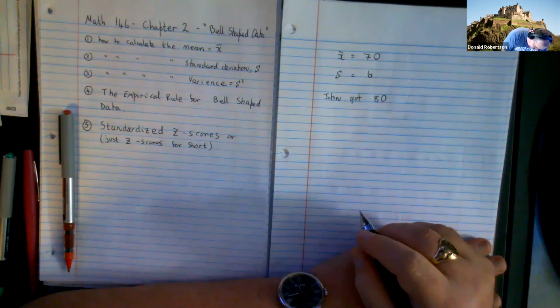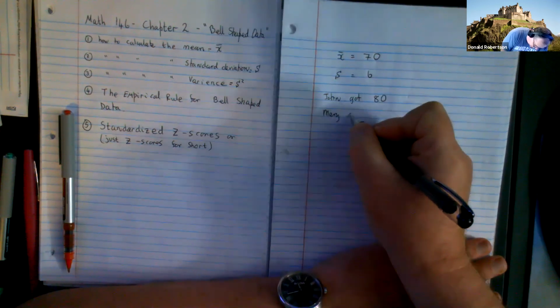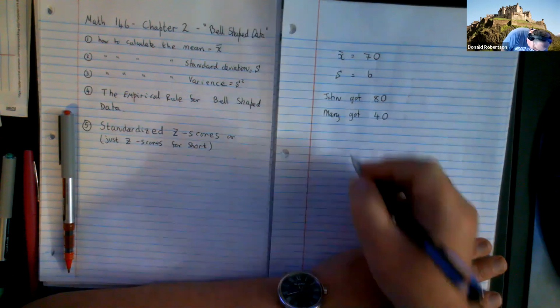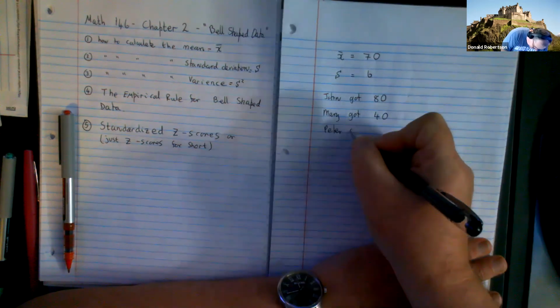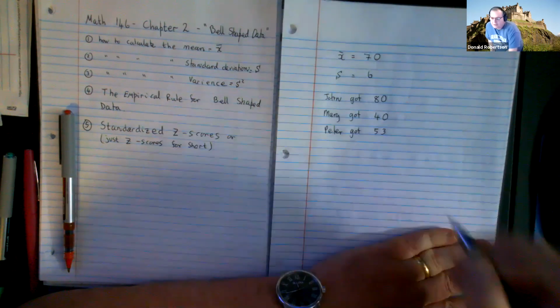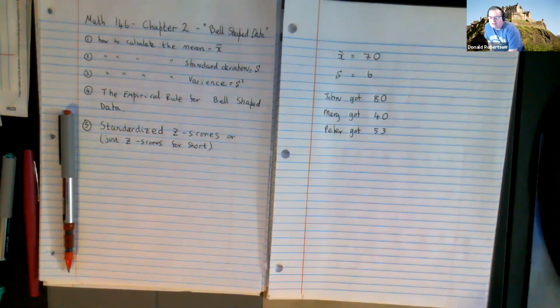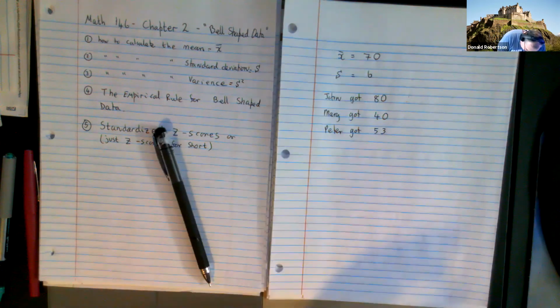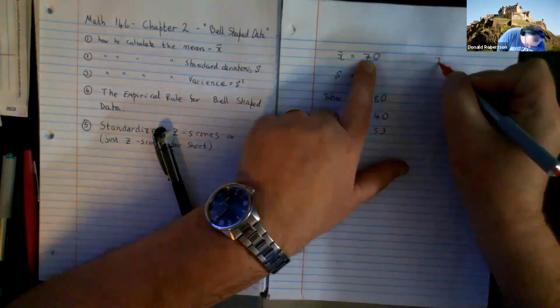And Mary, she got 40. And we'll have one more guy, we'll have Peter. Peter got 53. And we want to know if any or all of those people are outliers. Are they exceptionally unusual, right? Either exceptionally big or exceptionally small. Right? Okay.